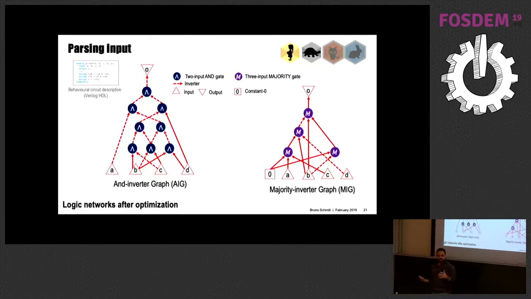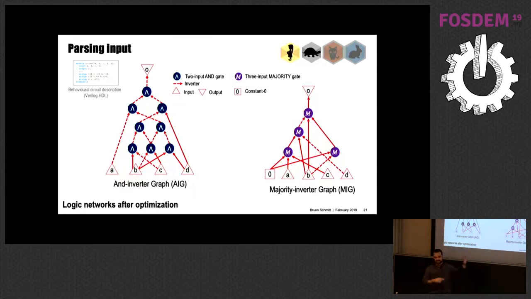You can also use the majority-inverter graph representation that you have on the right, where the main difference lies in the fact that the nodes are 3-input majority gates. It also has this constant 0 node that is also present on the AIG, but as I didn't need it here, I omit it, and I will be omitting it for the rest of the presentation.